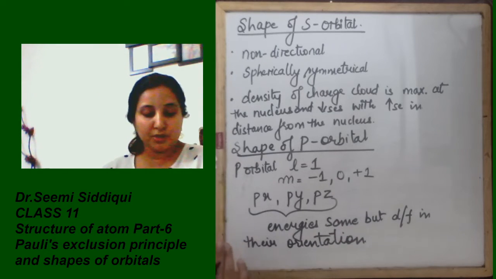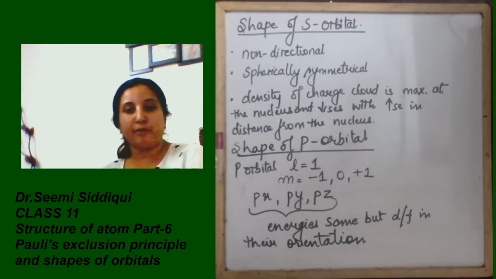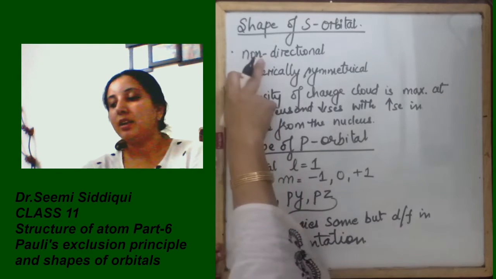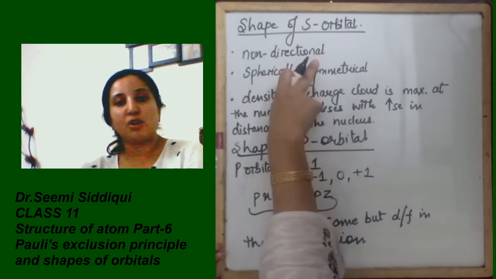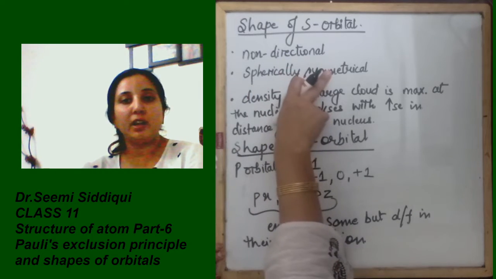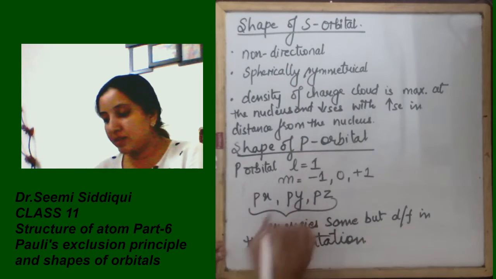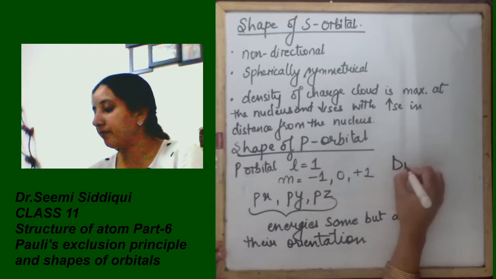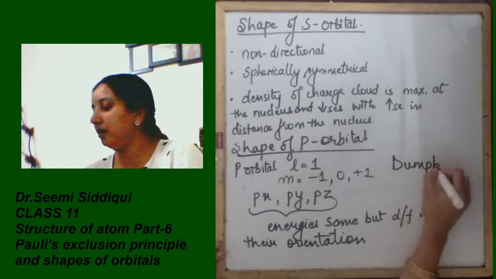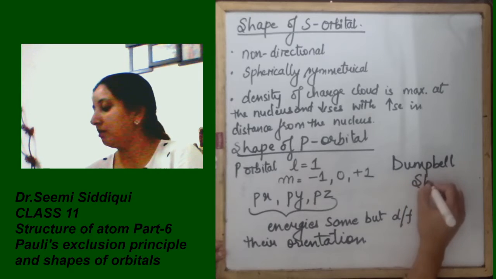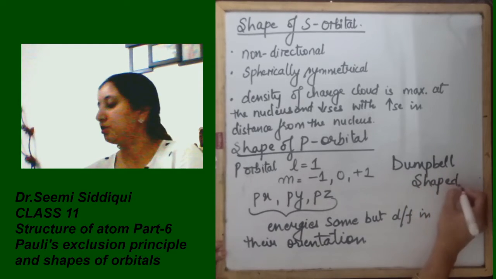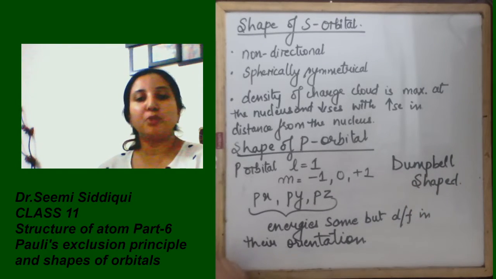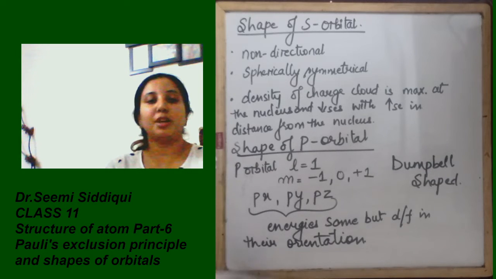Their orientations are going to be different. Another thing, in the case of the s orbital, we said that it is spherically symmetrical. These p orbitals are dumbbell shaped. Their shape is going to be the dumbbell shape.